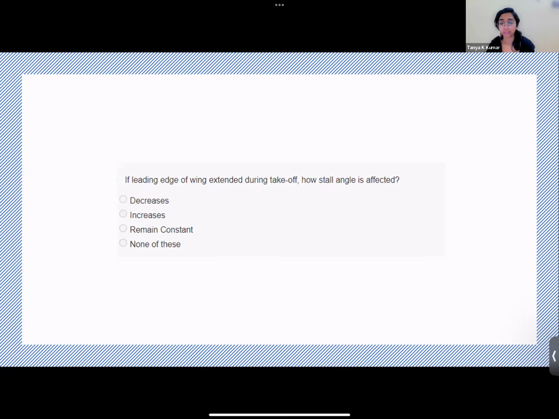Increases. Okay, can you explain? So Shreyash says it increases. Stall angle of attack is increased. Yes, so due to more attached flow, correct.